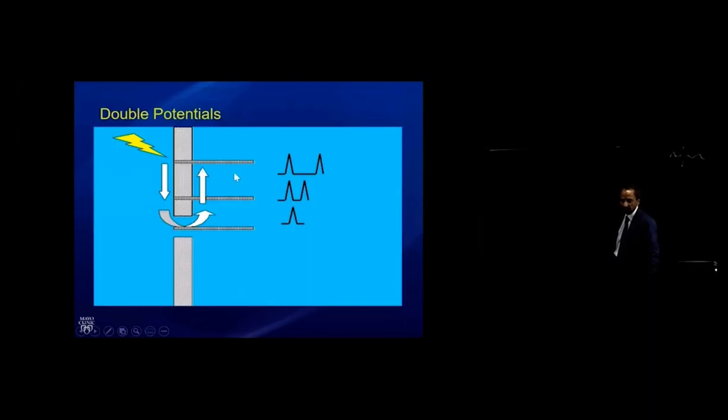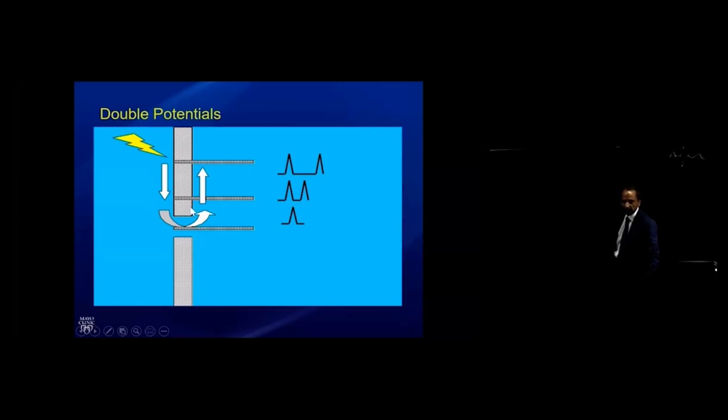Now, this question came up in one of our early sessions about how to use double potentials as a way of knowing we have block. Widely spaced double potentials suggests that conduction from one side cannot get to the other. Now, if we have a complete line of block, the widely spaced double potentials will be uniform across that line.